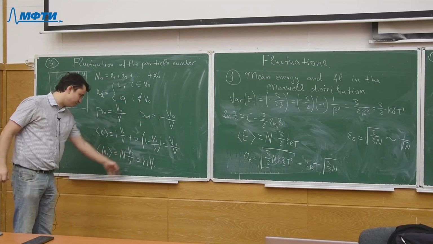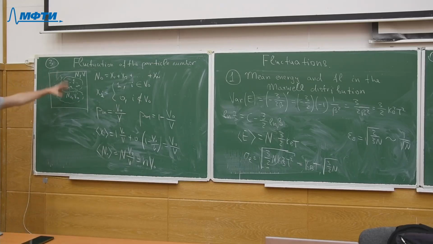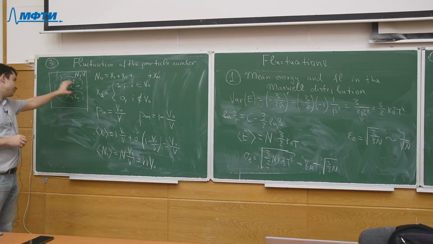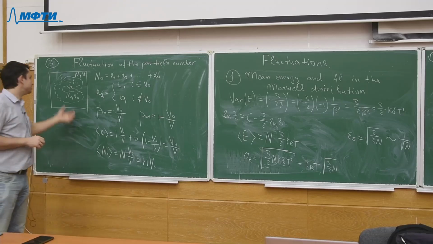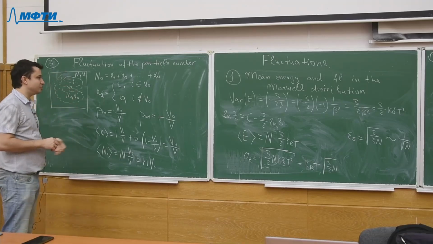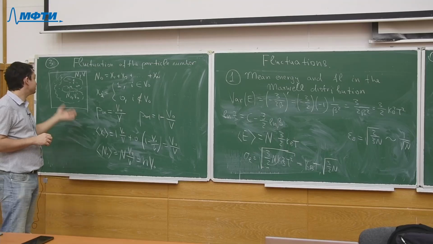Indeed, N over V is the number density of molecules inside my large volume. My derivation postulates that this average number density should be constant everywhere inside my vessel, which agrees with the Boltzmann distribution for the equipotential profile inside the vessel.